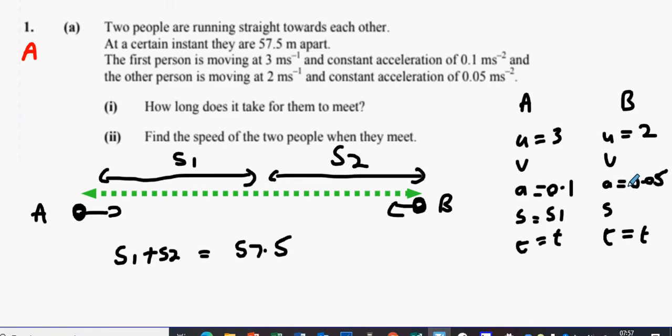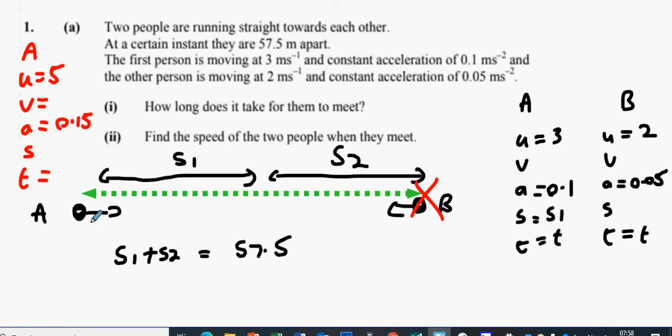So the relative velocity approach would be that you just say U is equal to 5. V you don't care about. Now the acceleration, because both accelerations are coming towards each other, you add them. You get 0.15. S and T. Now the glorious thing about this one is that because you're effectively keeping one of them stationary, the other one has to do all the distance.